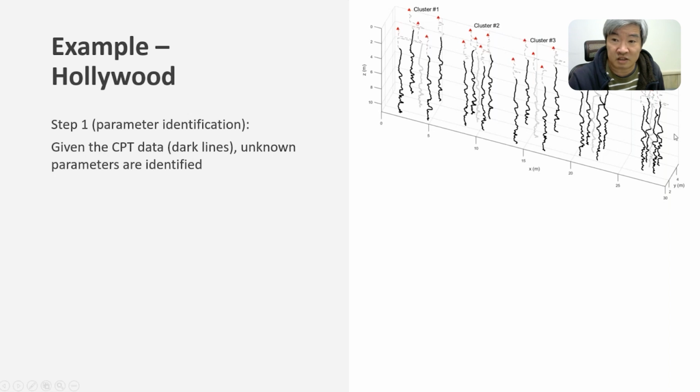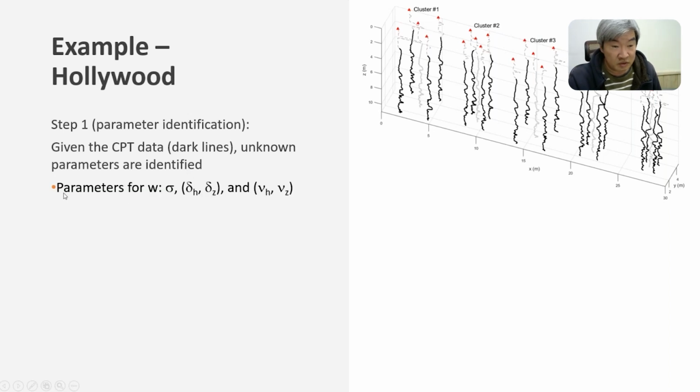Given the dark lines, this step one will identify the unknown parameters. For instance, it will identify the random field parameters for the spatial variability, including the standard deviation, horizontal scale fluctuation, vertical scale fluctuation, horizontal smoothness, and vertical smoothness.